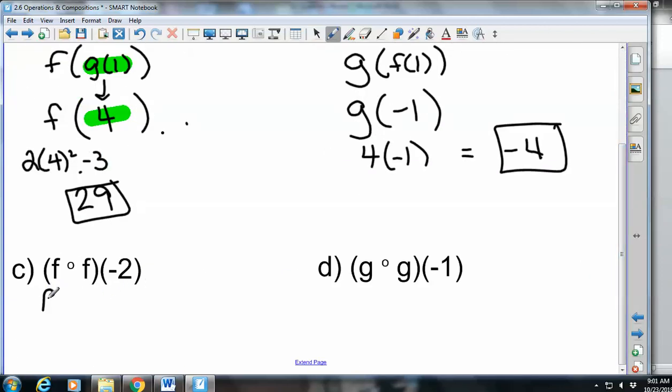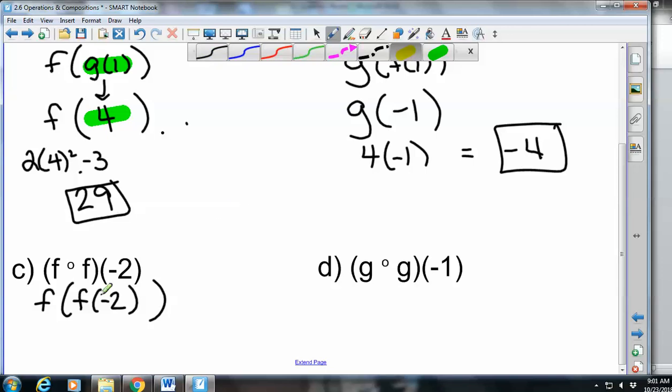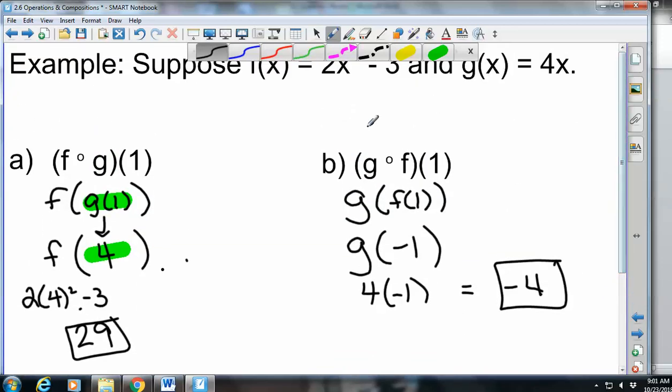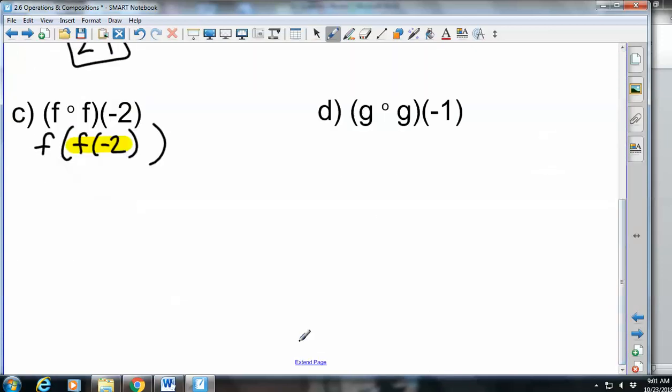This is the same thing, but I'm asking you to basically plug it into f twice. So you're going to start on the inside. You're going to do f of -2. So you go to f. If I plug a -2 in there, what do we get out? -2 squared is 4, times 2 is 8, minus 3 is 5.